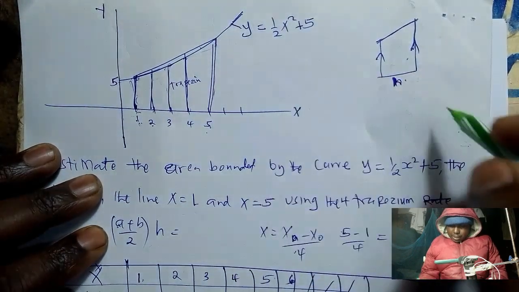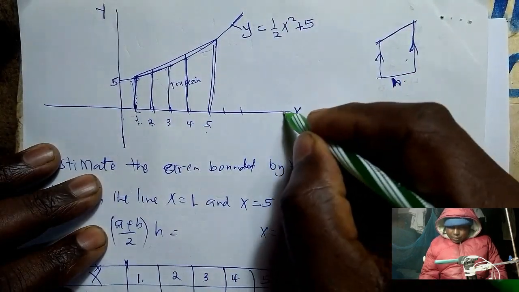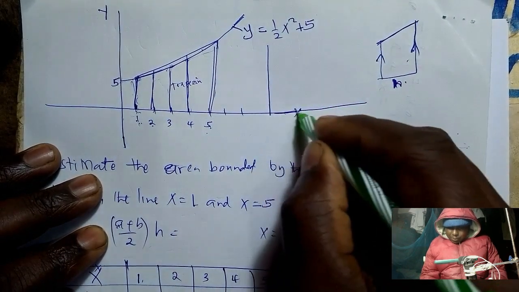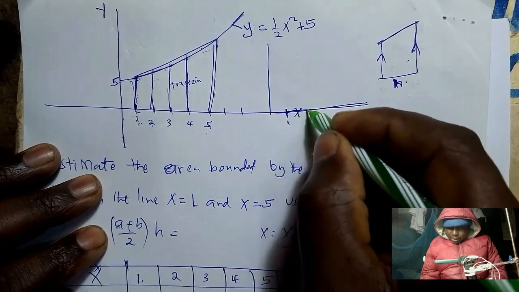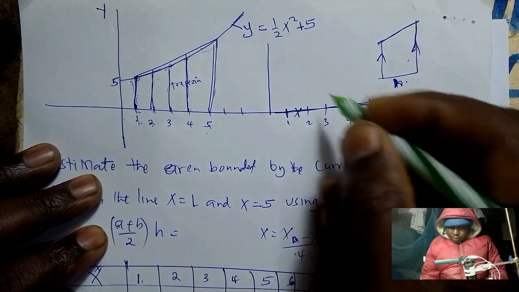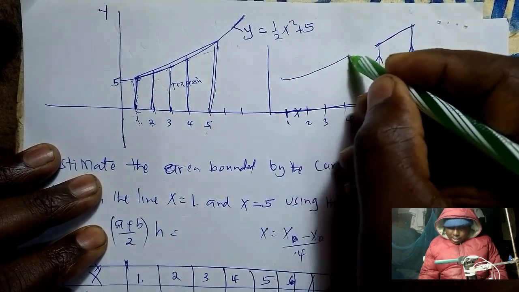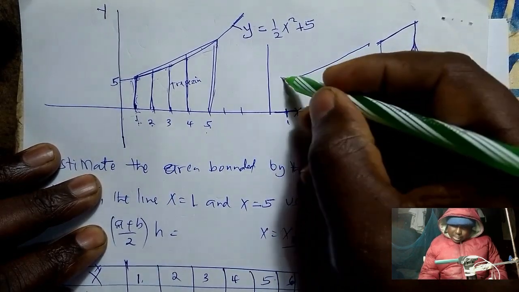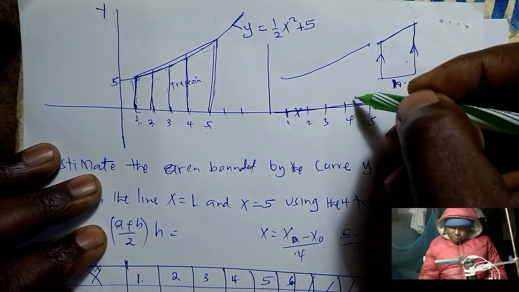So maybe I can sketch a new one. I have a curve starting at 1, 2, 3, 4, 5. So I have a curve which begins here and goes like this, right? I want to calculate the area under this curve.